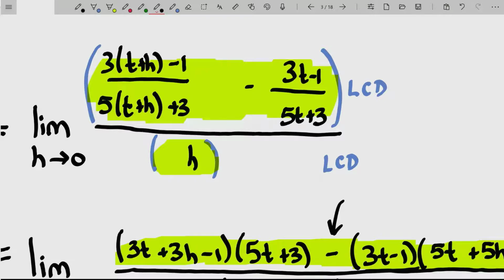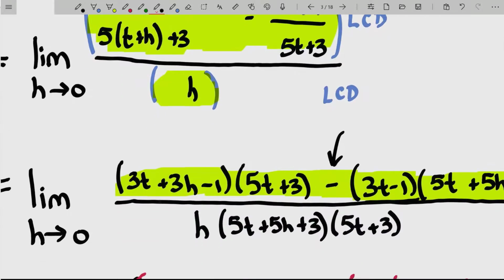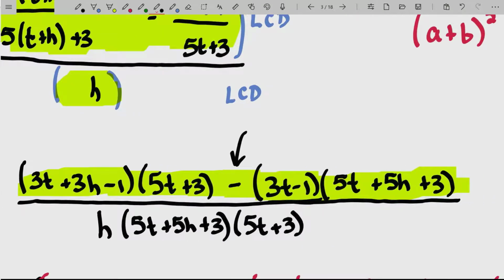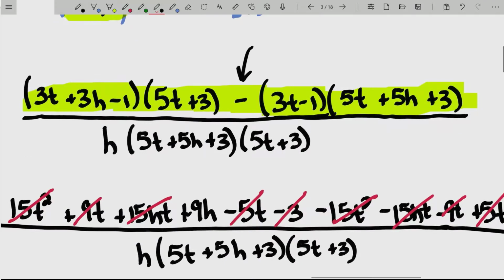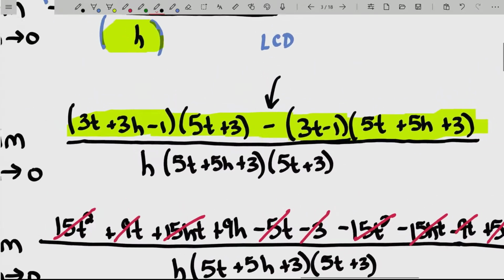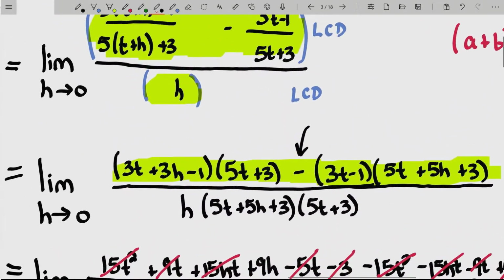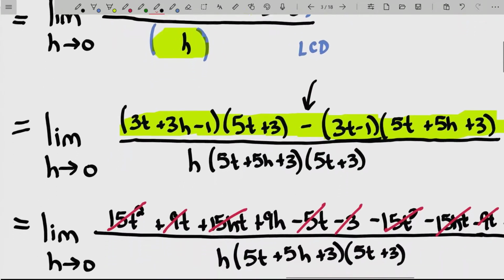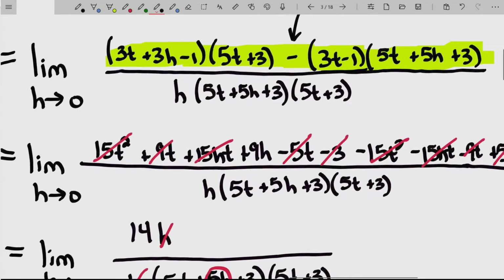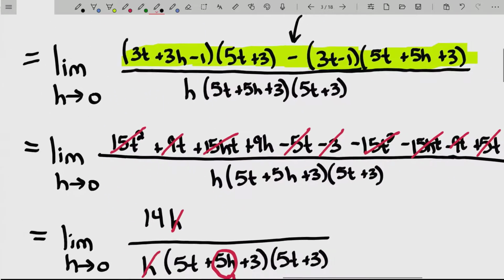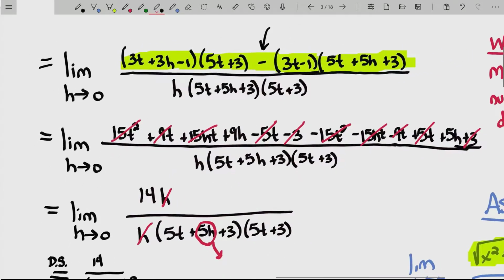So I distribute the LCD to that numerator because I want to kill off the fractions, so you will continue that distribution in the numerator into the next step. But the denominator you leave alone because there were no fractions down there to kill off, so you're just going to leave that denominator alone. That was just a bystander. Watch your multiplications.